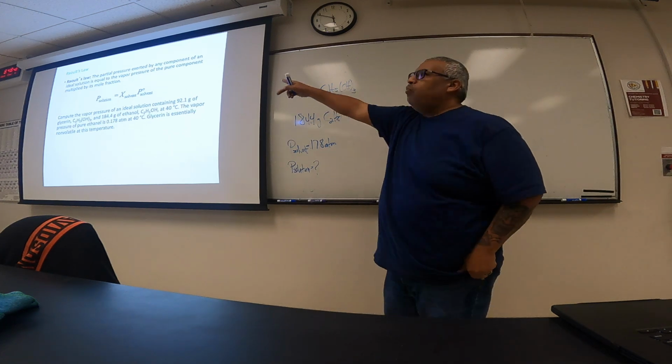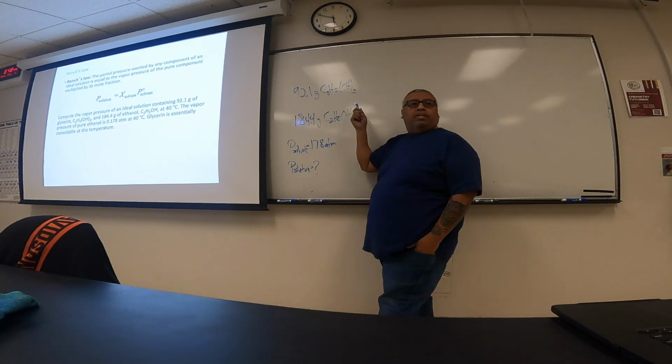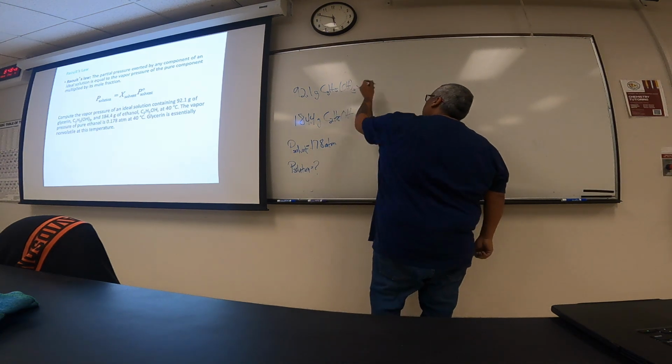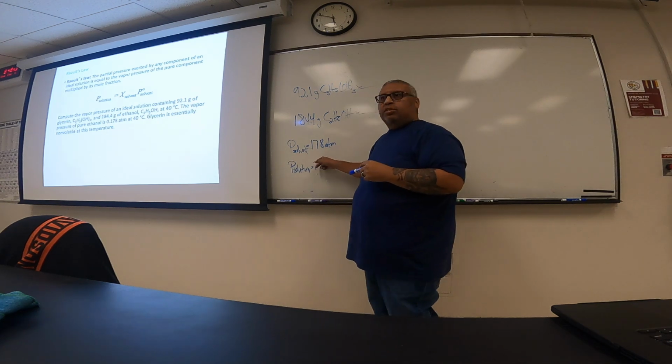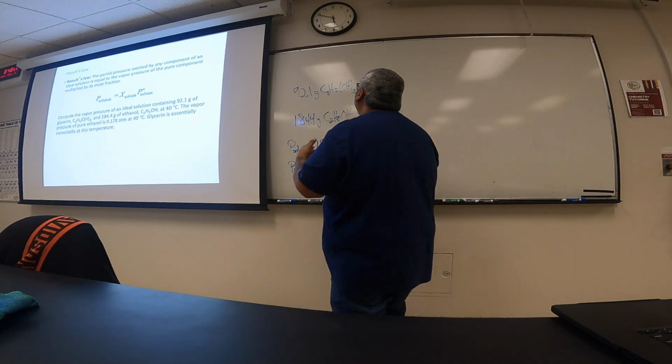Well, in order to do that, we need to figure out what that mole fraction is. If we have the masses of these, we can determine what that mole fraction is. So let's first convert these into moles so we can determine the mole fraction. And then once we find that out, we simply multiply by this, and it'll give us the new vapor pressure.